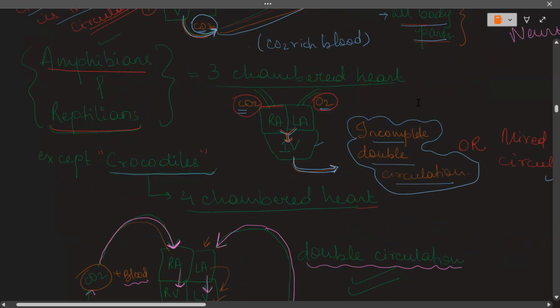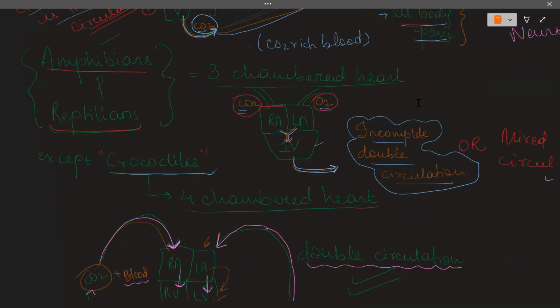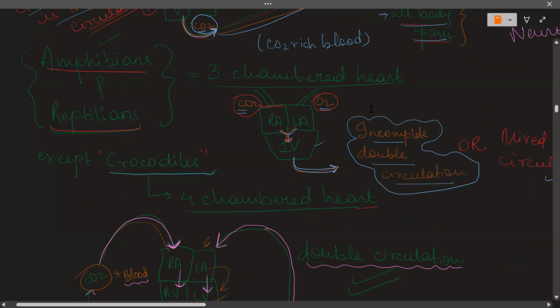Then you write down, the oxygenated blood comes into the left auricle, and the deoxygenated blood comes into the right auricle.